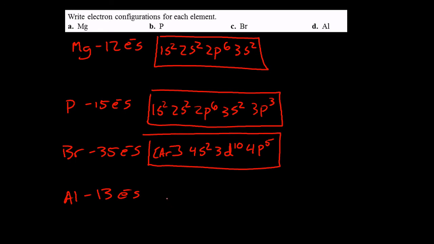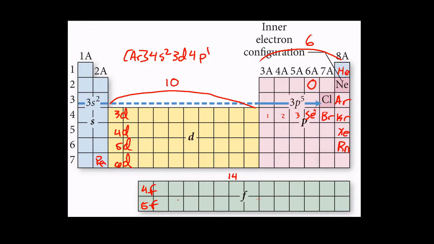Right, so the last one here, it's a little bit of overkill to do noble gas core on this, but it's good practice to do it anyway. So not argon, aluminum would have a noble gas core of neon. Neon is the last noble gas before argon. So why do I keep saying argon? Aluminum. This is aluminum right here.